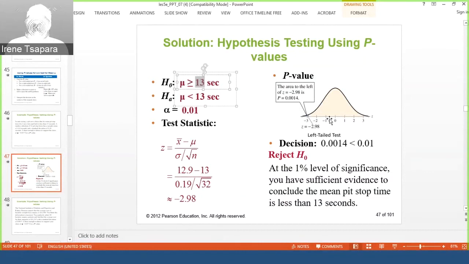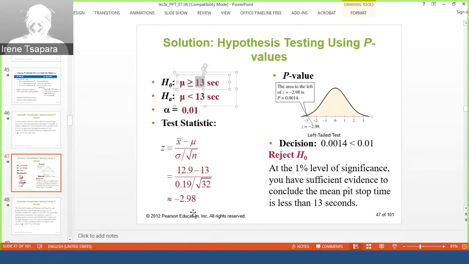Now, at this point is where we know that there are 2 different methods to actually continue my test. One method is using the p-value. The other method is using the critical values. What's the difference? Well, if I have my z-score, negative 2.98, and I use what RStudio told us, pnorm of negative 2.98, then this will give us the probability for the corresponding score.